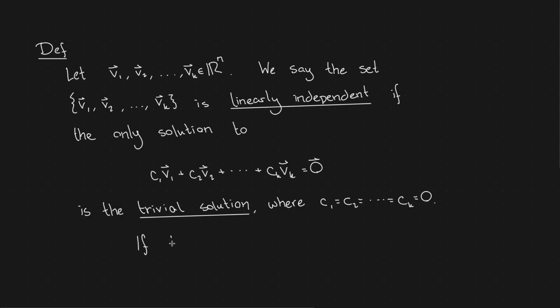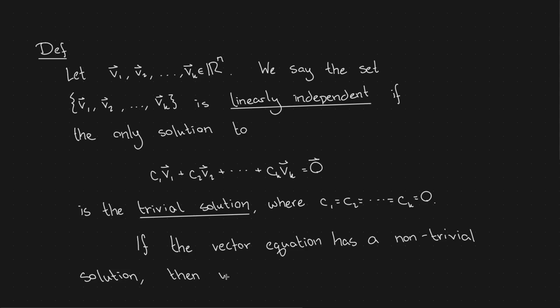If the vector equation has a non-trivial solution, then we say the vectors are linearly dependent.